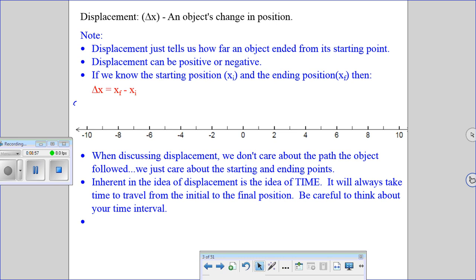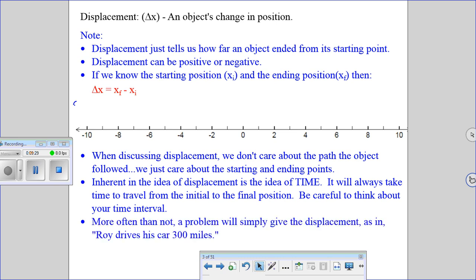This is, hands down, the thing that people struggle with the most in this first chapter. So I'm going to start stressing it now when it's not that important, and it will become more important. Physics is about motion. We're going to have things that move through space, and motion takes time. It always takes you time to get from one place to another. So it is super important that you identify what time interval you're looking at. Just be cognizant of that.